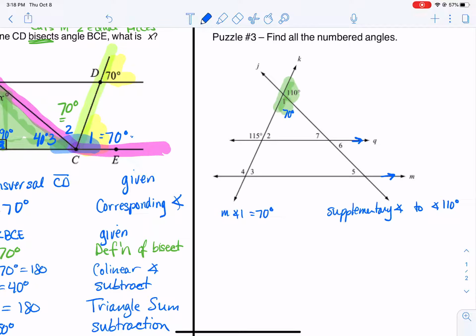So I can use all of my properties that I have. So then I'm going to go down here and notice that these two are supplementary. That means the measure of angle 2 is 65 degrees because it is supplementary to 115.